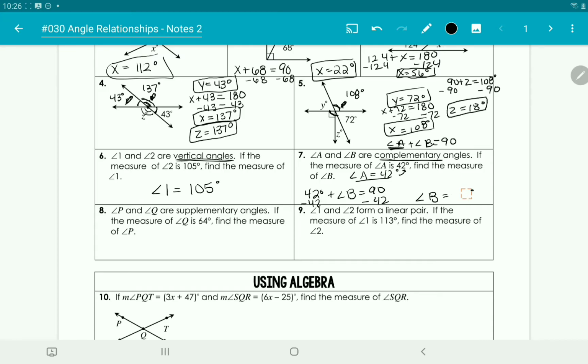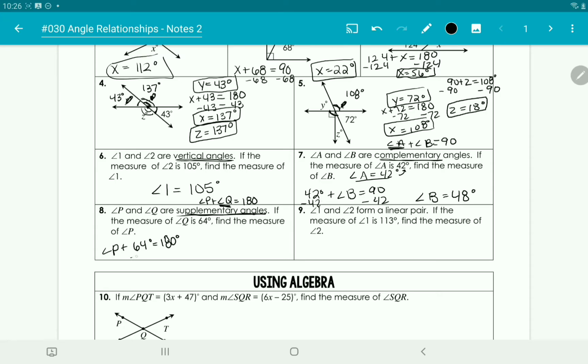If we look at number 8, it says that angle P and Q are supplementary. Supplementary means they add to 180. So we have angle P plus angle Q equals 180. If angle Q is 64, we can just go ahead and say angle P plus 64 degrees equals 180 degrees.